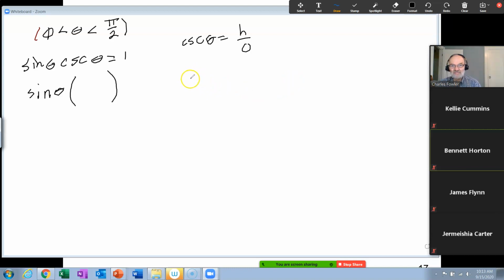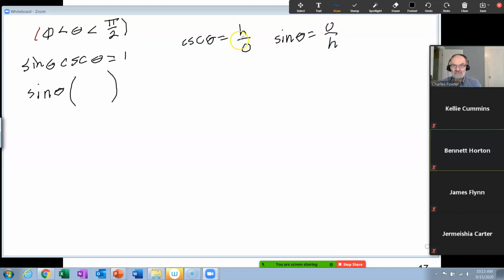Sine or cosine? Either one of them? What other trig identity, either sine or cosine, uses the opposite side and the hypotenuse in its definition? Not the same definition, but in its definition. Remember some old hen? Sine of theta is equal to opposite over hypotenuse.